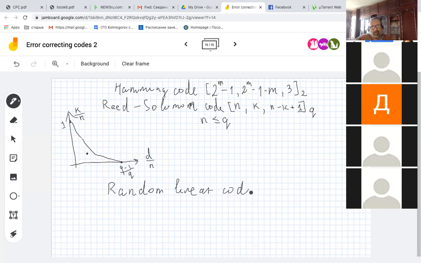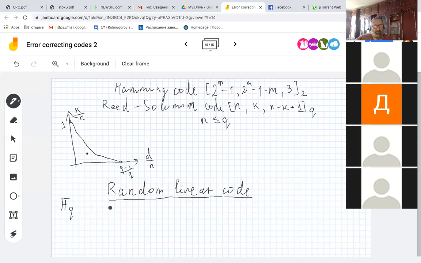What does it mean, a random linear code? First of all, to specify such a code, we choose q, which is a power of prime. So we will consider symbols as elements of the finite field F_q. So we fix the field.